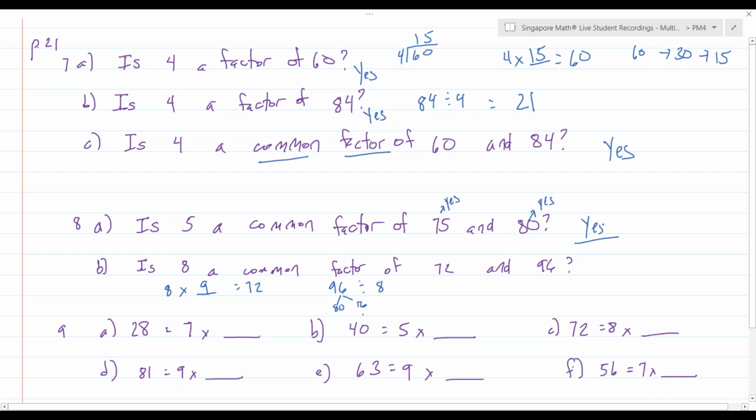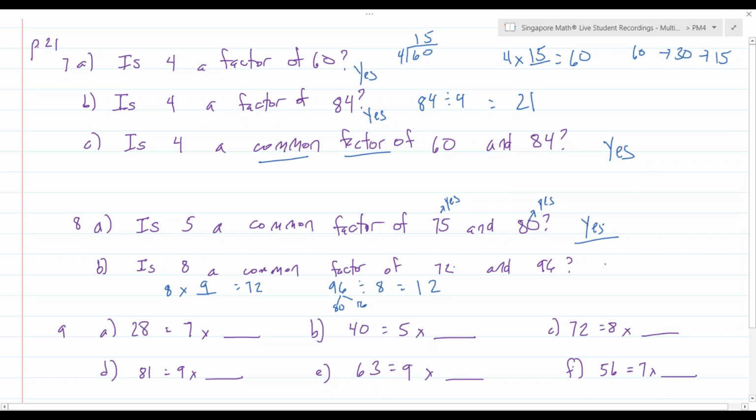96 is 80 and 16. If I divide by 8, I get 12. That is the answer I'm looking for. 80 divided by 8 is 10. 16 divided by 8 is 2. So 8 times 12 is 96, since I just found that 96 divided by 8 is 12.